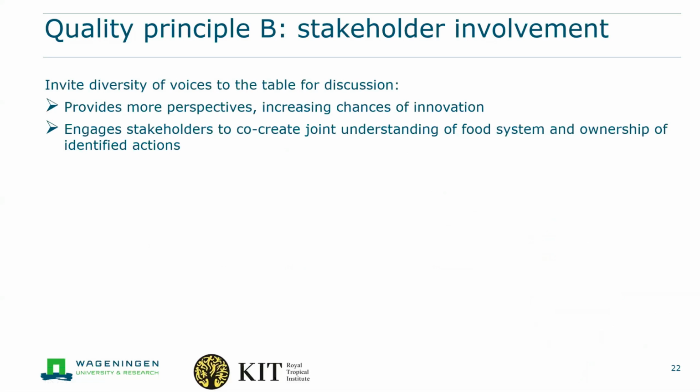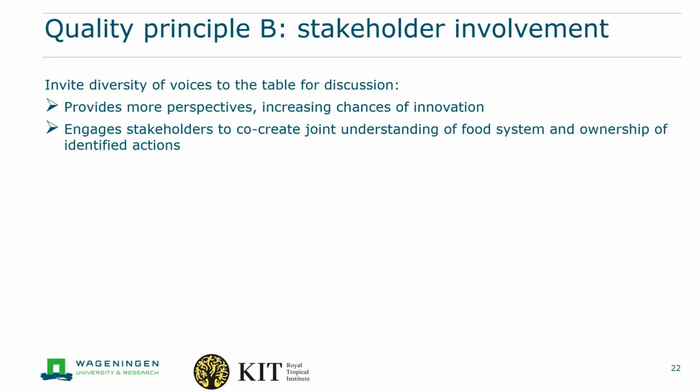And the second quality principle is stakeholder involvement. So our experience with doing food system analysis is that the more you engage stakeholders in the process of analysis, the richer your insights become.